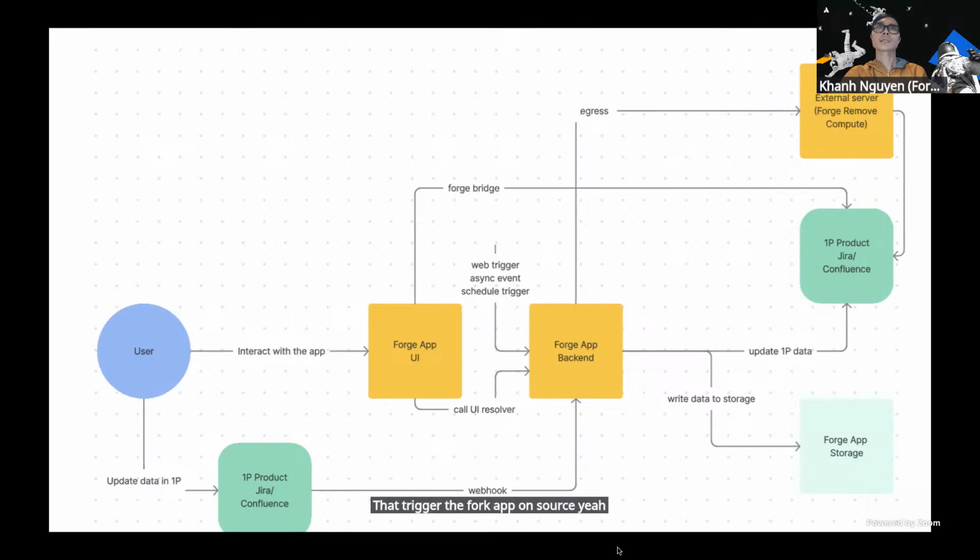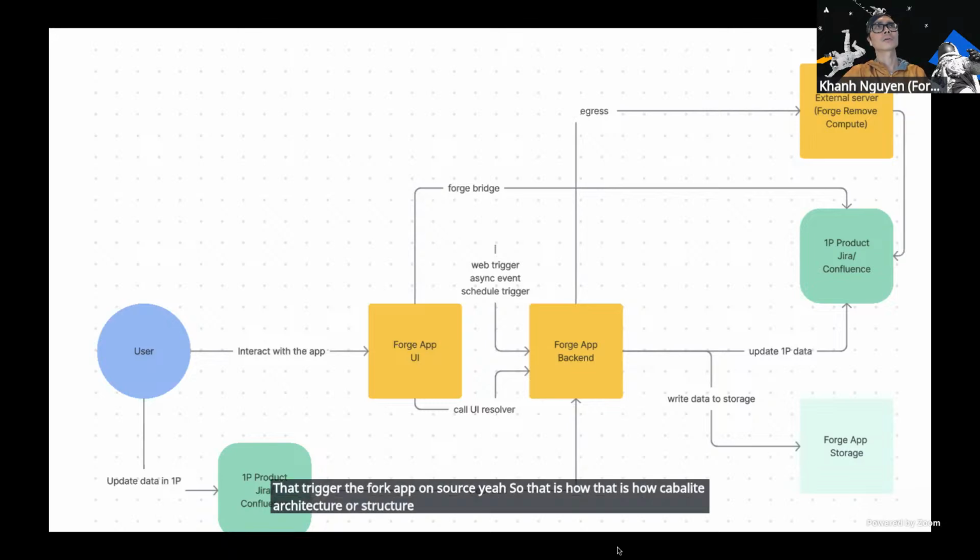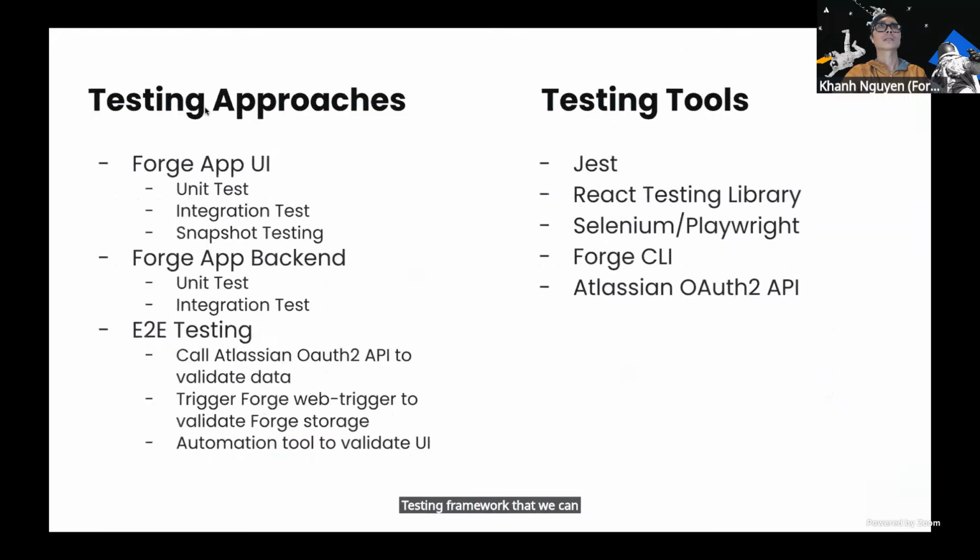So that is the architecture, or structure, of the Forge app, what the components are and how they interact. Next I will share some common approaches and also testing frameworks that we can use for testing.